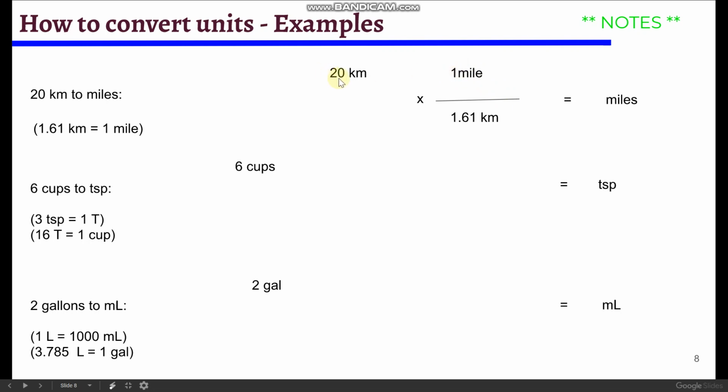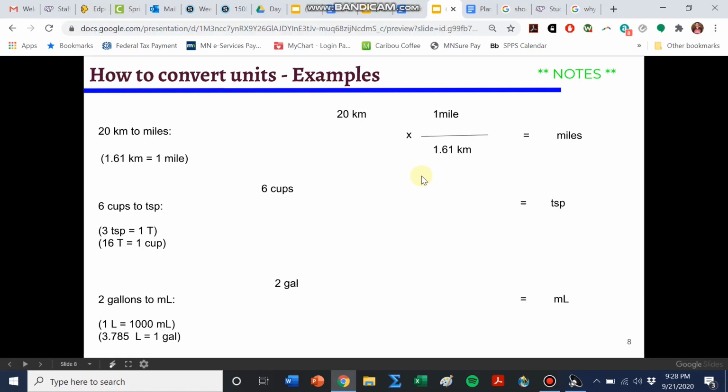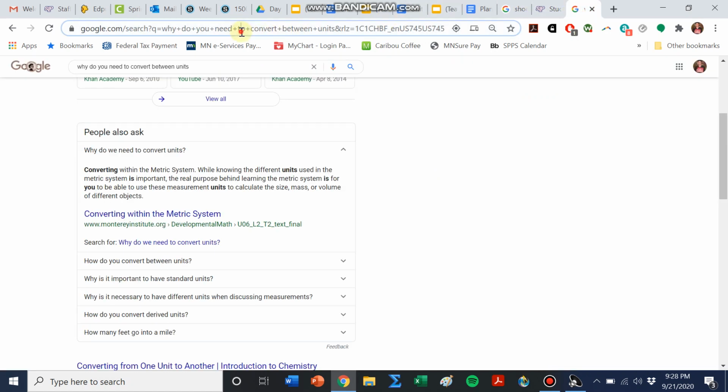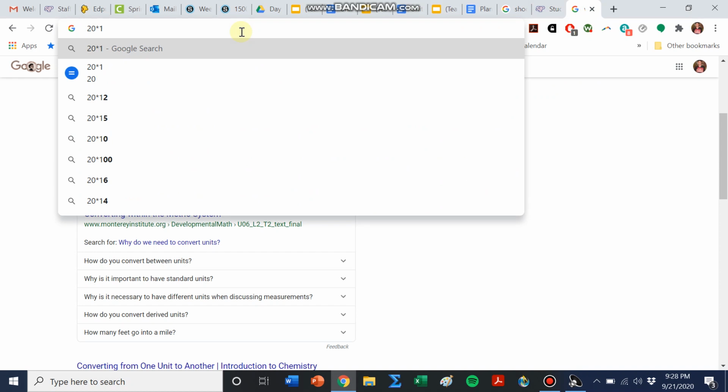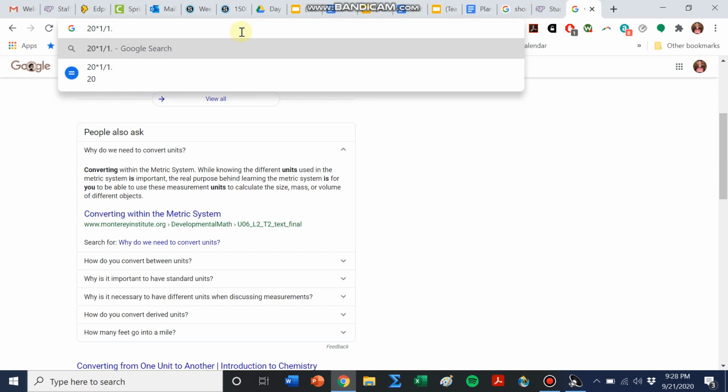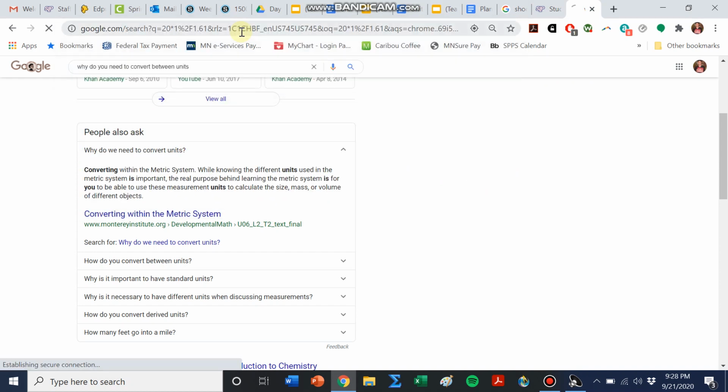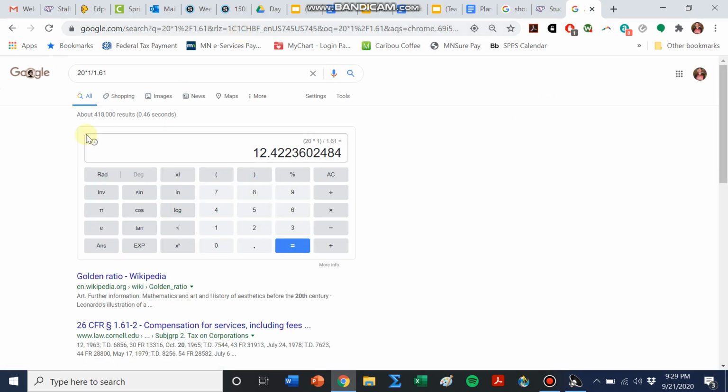But in your calculator, you're going to type 20 times 1, and you're going to divide by 1.61. So here, let's see what that looks like. 20 times 1 divided by 1.61. And you see we get about 12.4.